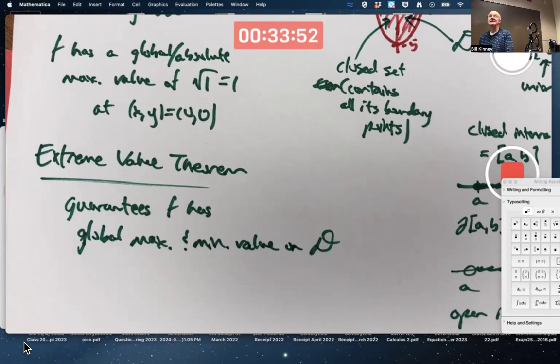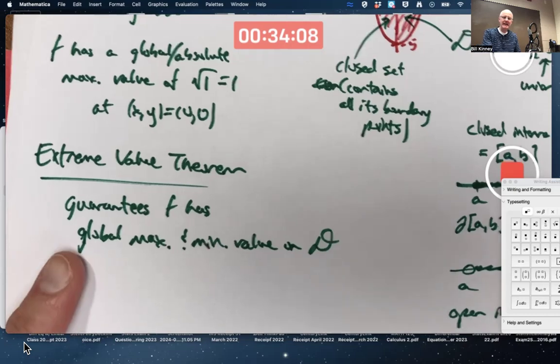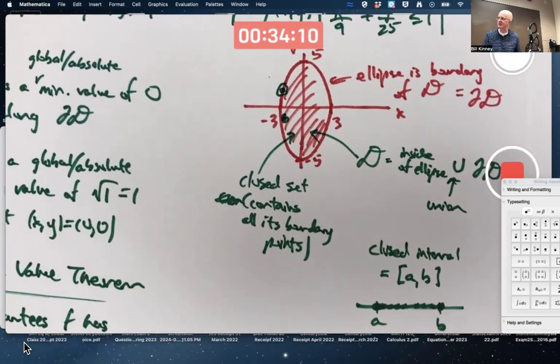It says if F is a nice continuous function, and the domain happens to be closed, meaning it's a set containing its boundary, and bounded, meaning it doesn't go off to infinity in some direction.